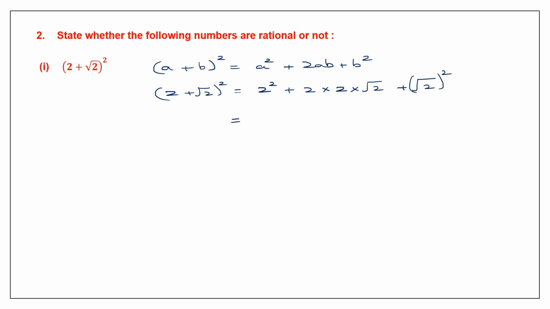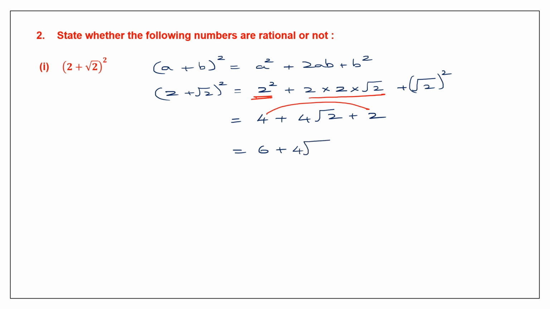Now let's simplify this. 2 square is 4, plus 2 into root 2, 2 2s are 4 root 2, plus root 2 into root 2 making it simply 2. Now we can add up 4 and 2.